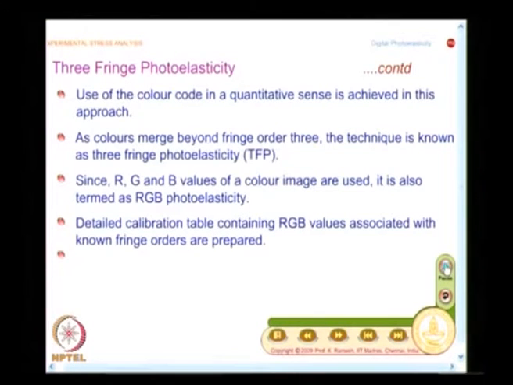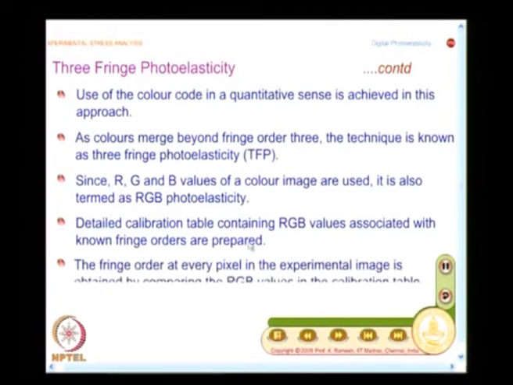And how do you do this? A detailed calibration table containing RGB values associated with known fringe orders is prepared. Essentially you take the case of a beam under 4-point bending, and we have seen we had a neutral axis where the color is black, and by increasing the bending moment I can increase the fringe orders at the farthermost end from 1 to 2 to 3.